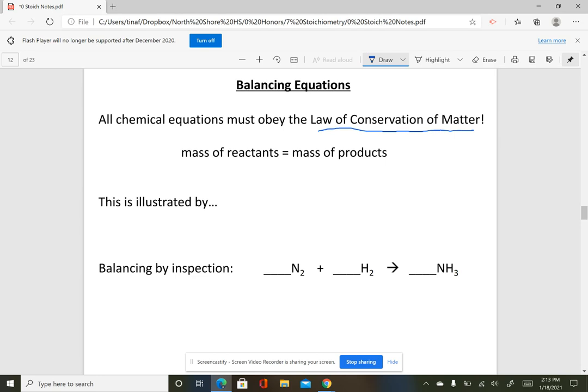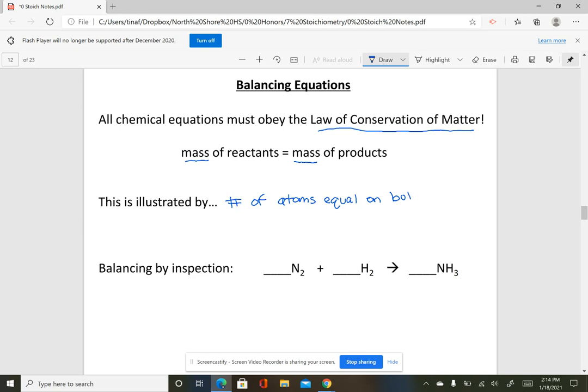If we were to be able to weigh the reactants and get their mass, after they react and turn into products, the mass should be the same. On paper, we would know if matter is conserved by counting the number of atoms, and we would want the number of atoms to be the same, or we'll say equal, on both sides.